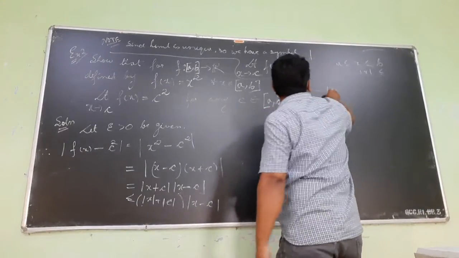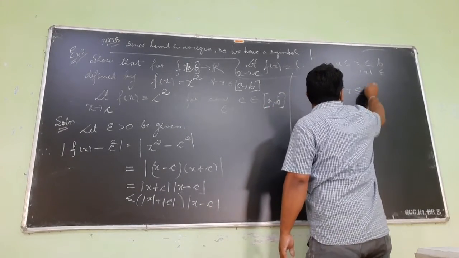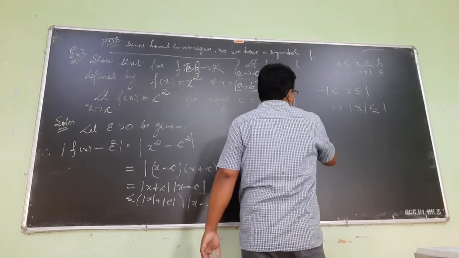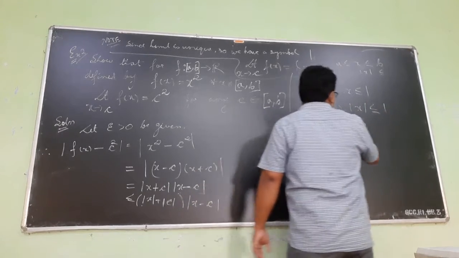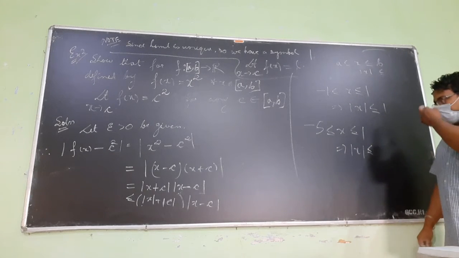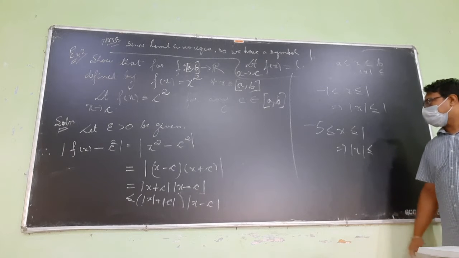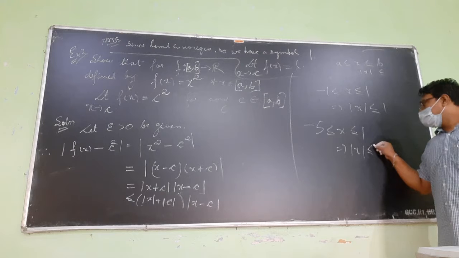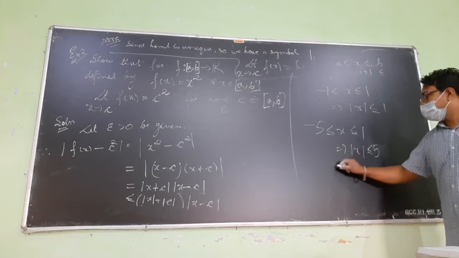Say minus 1 less than or equal to x less than or equal to 1. From here I can write mod x less than or equal to 1. Minus 5 less than or equal to x less than or equal to 1. From here what can I write? Mod x is less than or equal to 5.